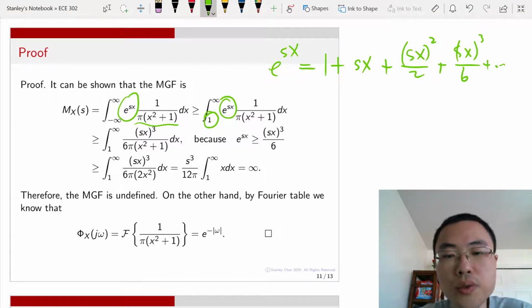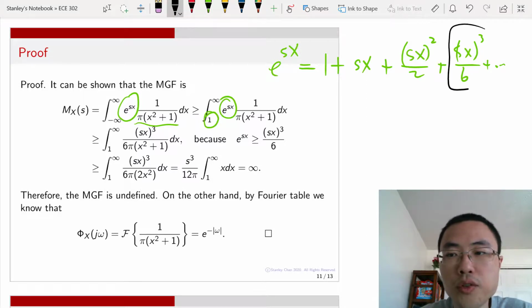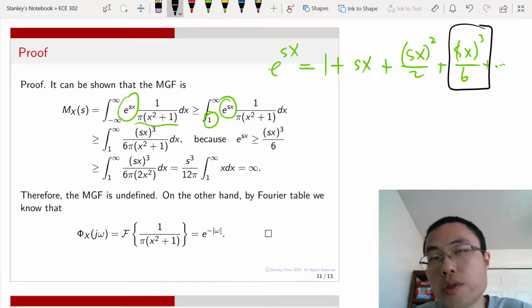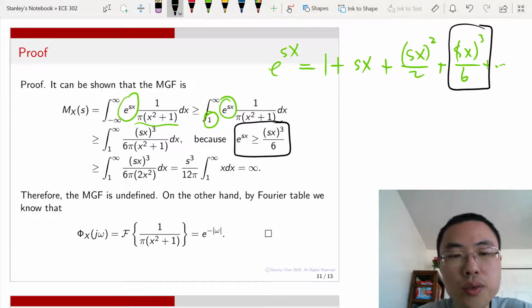So this is the exponential Taylor expansion, and since every term is positive, then of course it will be bigger than just one of those. And so it will be bigger than (sx) cubed divided by 6, which you can substitute here. And now you have this (sx) cubed divided by 6, then what? Well, you can do some simplification.